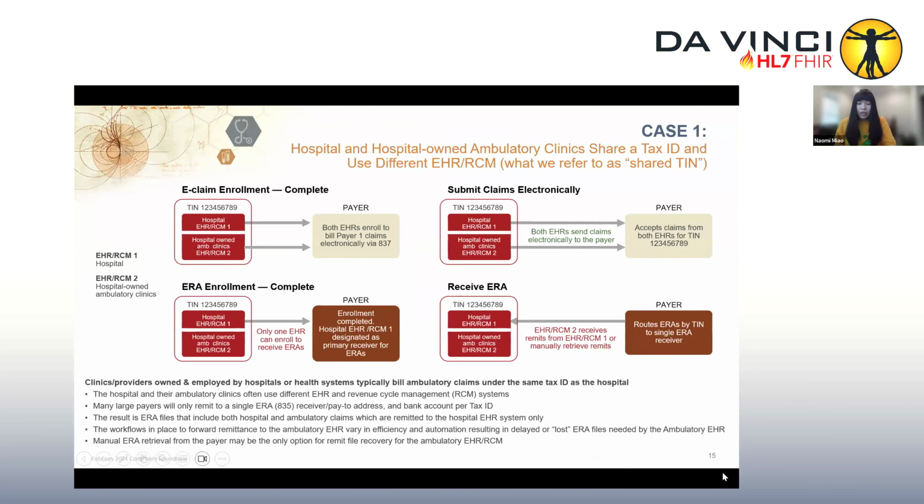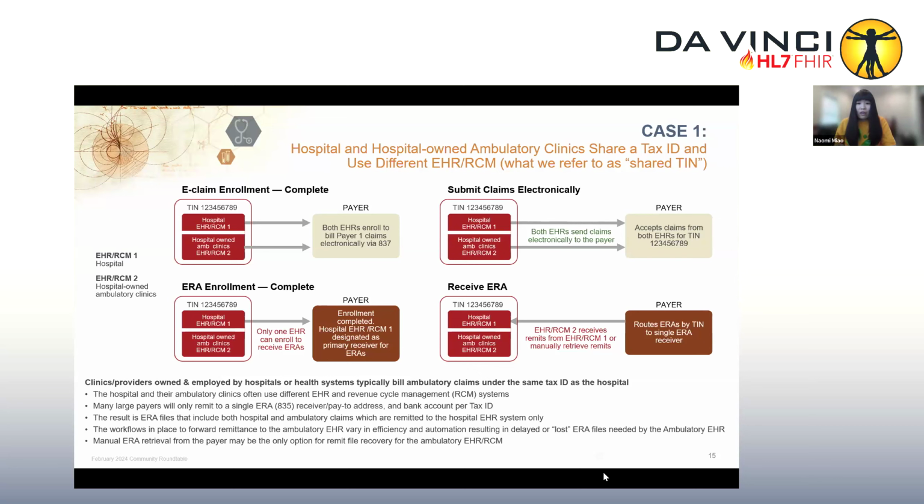So the first most prevalent reason for remits to be missing is what our discovery group called a shared TIN scenario. Different parts of the industry may have different names for this, but we call it a shared TIN scenario. According to a HIMSS survey, 71% of the hospitals and health organizations use multiple RCM systems.